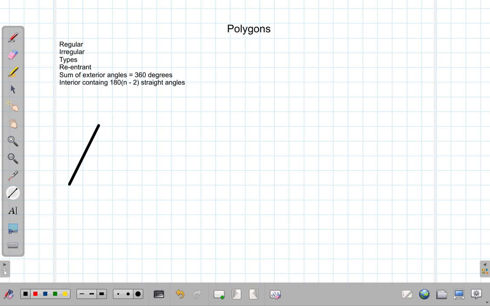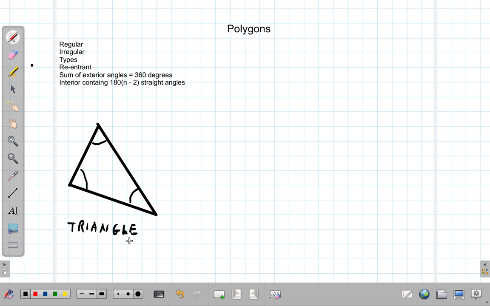Now, when you have 3 sides like this, we of course call it a triangle. Since you have 3 sides, you will have 3 angles as well. So this is our triangle. So that's 3 sides and 3 angles.